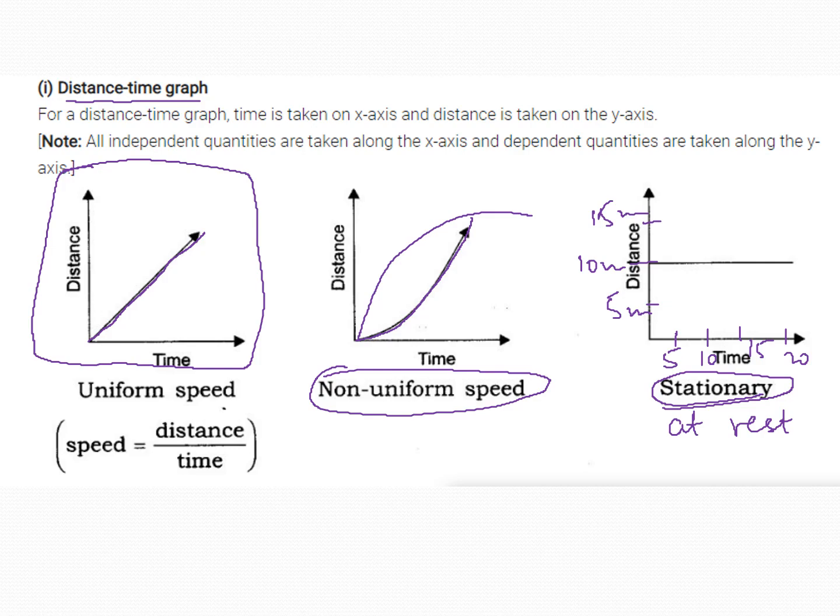So what is happening? Time is changing. Time changed from 0 to 5. At 5, what is the distance? Distance is 10. When the time changed to 10 seconds, what is the distance? That is again 10 meter. At 15 seconds, what is the distance? It is again 10 meter. It means distance is not changing.